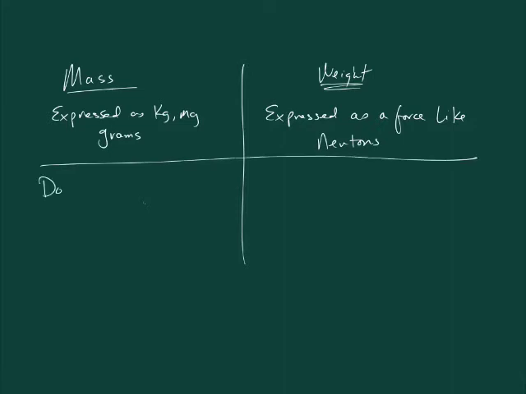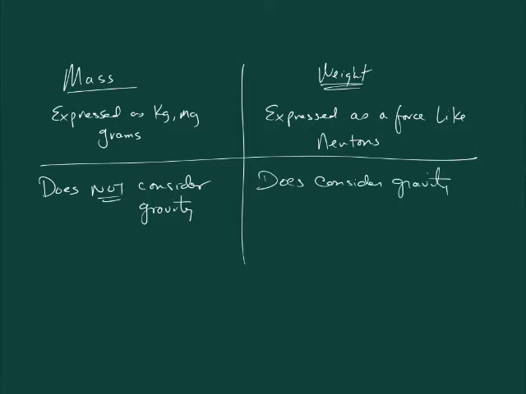Now that is a major distinction, but here's the thing. Mass does not consider gravity. It has no effect on it in terms of how it's expressed, but weight does. It does consider gravity, and it's important that you understand how it does this.